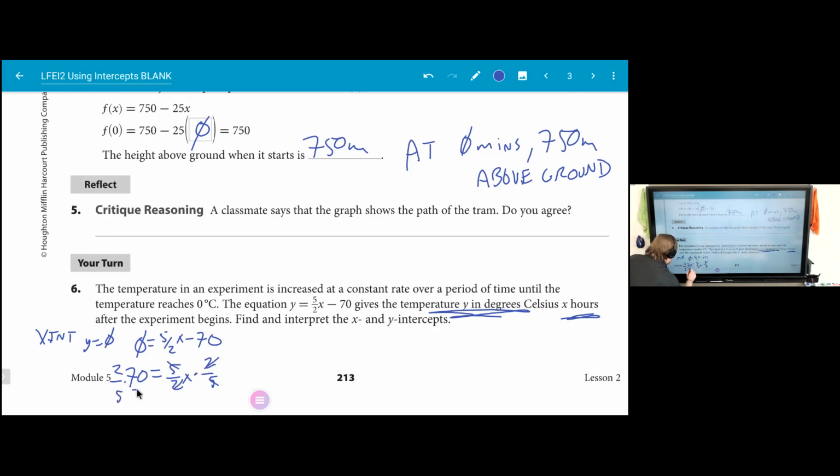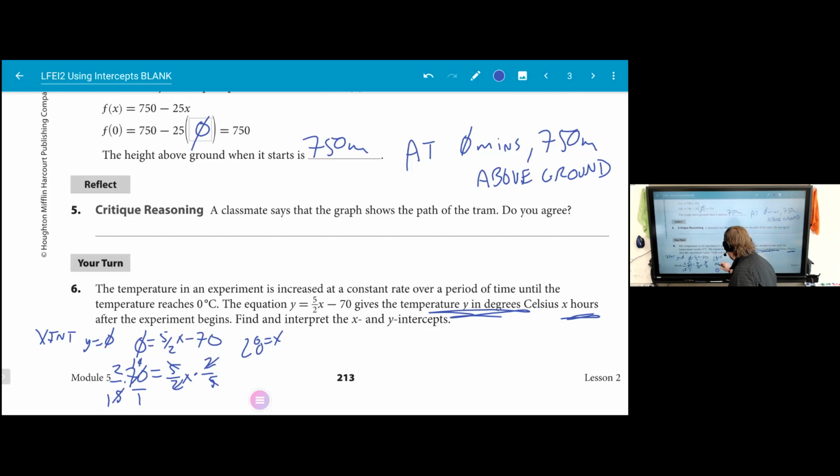That's like 70 divided by 1. I can do some simplifying here too. 70 and 5 simplify to 14 and 1. So this ends up being 28 equals x. Well, that's great. What was x? Hours.